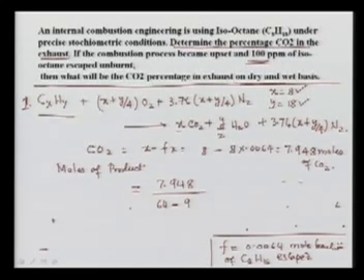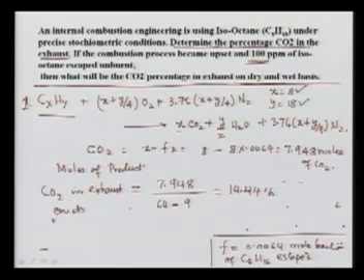How many moles of water will there be? Y by 2, Y was 18, by 2 is 9. So that comes out to be around 14.44 percent. That is CO2 in exhaust on dry basis.